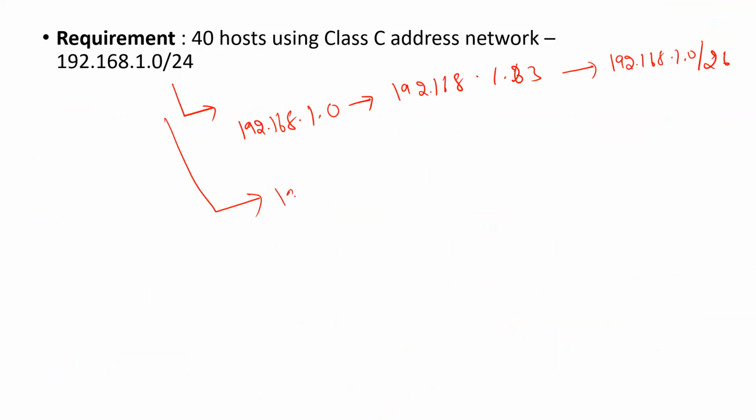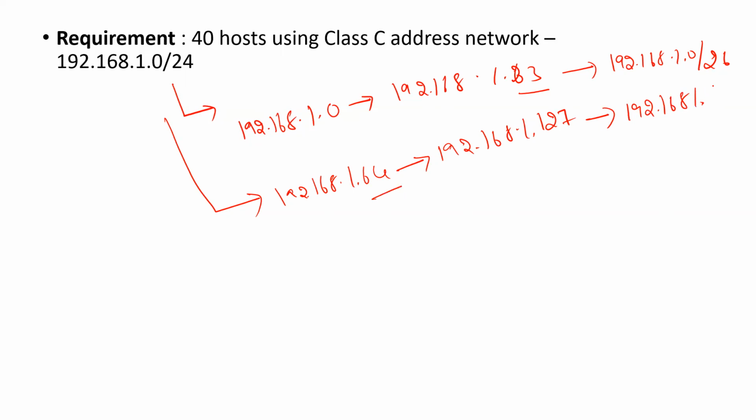So next one is 192.168.1. What is the next IP address? 64. 64 plus 62, it means 192.168.1.127. This subnet is 192.168.1.64/26.